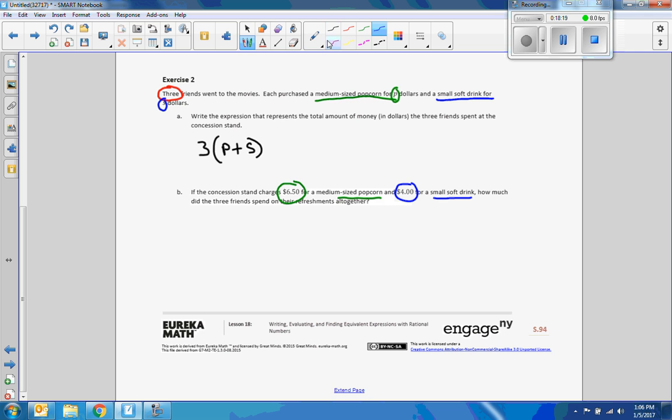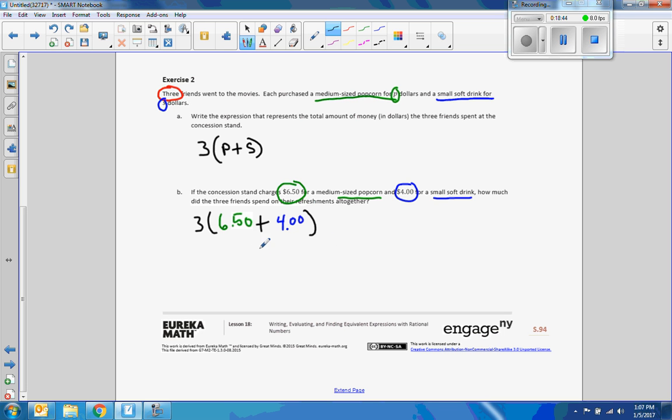Right? So I'm going to use this formula. So it will be the 3 people times P, which is $6.50, okay, plus S, which is $4, okay, and then we're going to solve this.